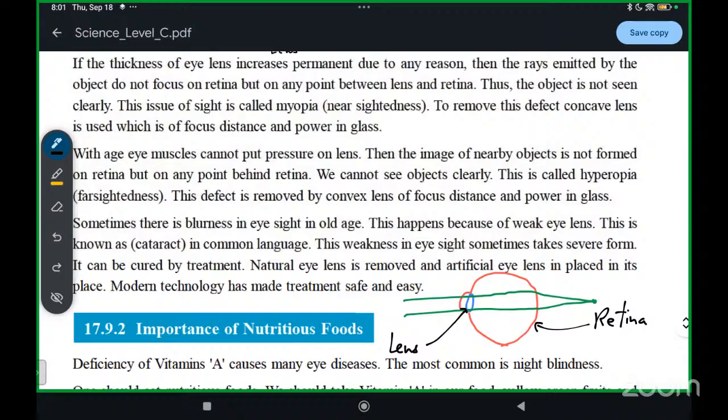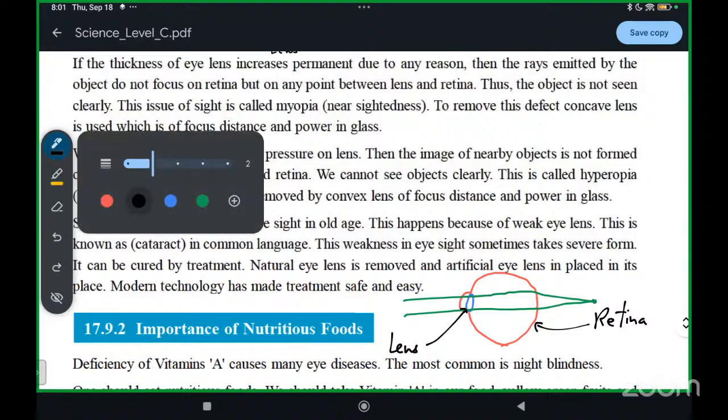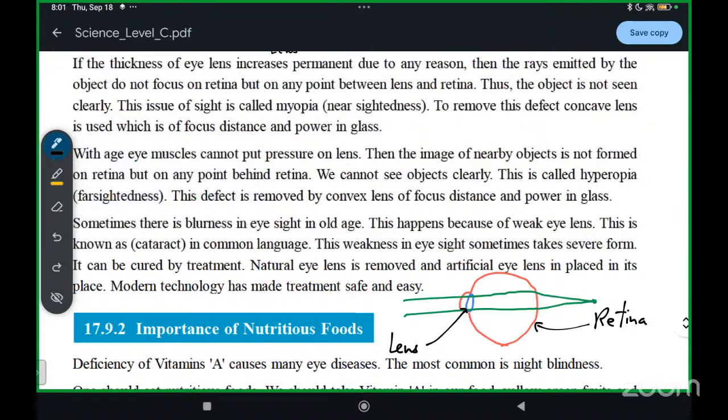Now we use a convex lens for it. So the convex lens is placed here. When it corrects, it leads to the formation of the image on the retina. Okay.